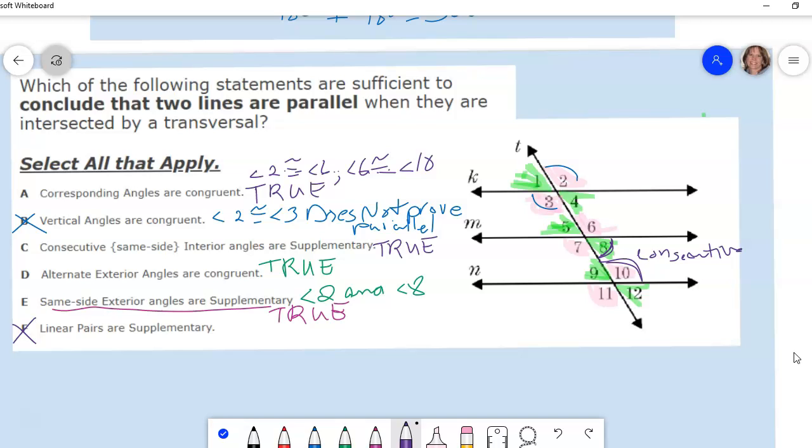So for this particular problem, A, C, D, and E are all true statements. And they're true because they are sufficient to conclude that two lines are parallel when they are intersected by a transversal. Again, vertical angles and linear pairs are true based on their definitions, but not able to prove lines being parallel.